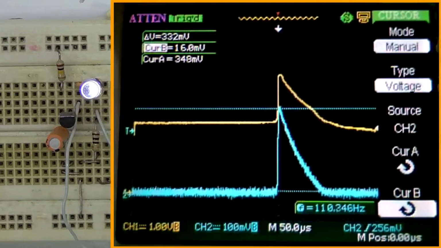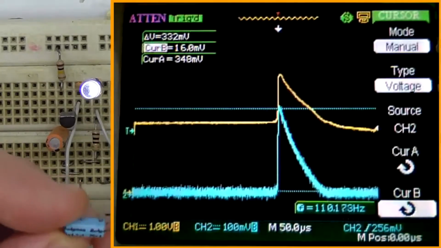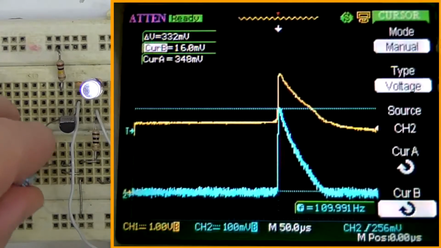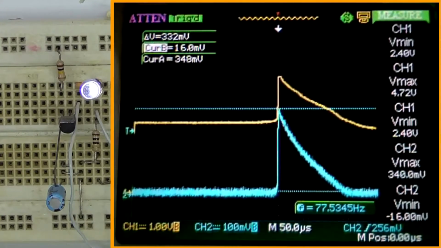Yep, 4.7. It's a 50 volt 1 microfarad. Okay. Interestingly enough, the peak current didn't change at that time. Well, a little bit's gone to 35 milliamps.